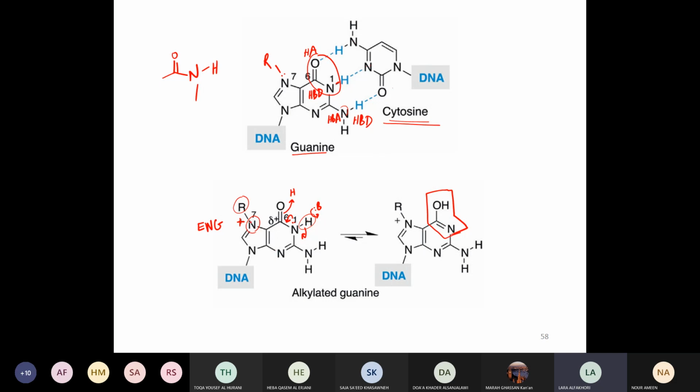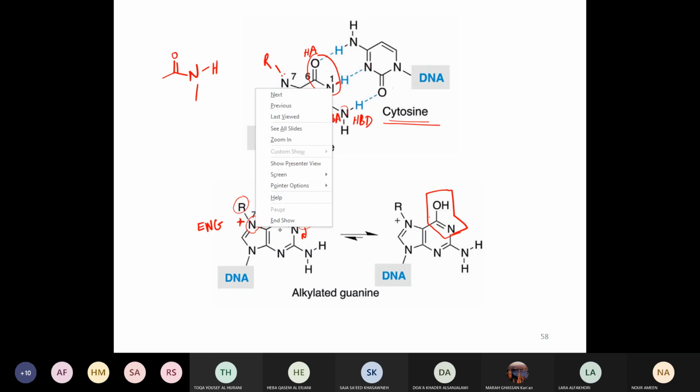But if nitrogen number 7 in guanine becomes alkylated and highly positively charged, since it becomes a very strong electron withdrawing group withdrawing electrons, it will favor a lone pair of electrons here increasing their donation via resonance to this carbonyl to compensate for the electrons being lost to this nitrogen.